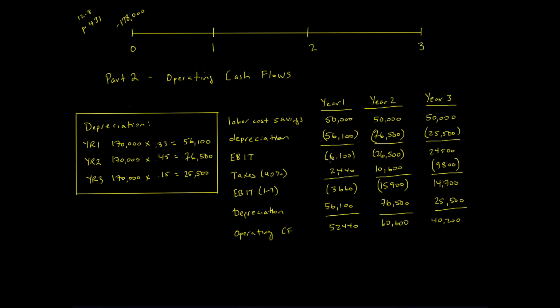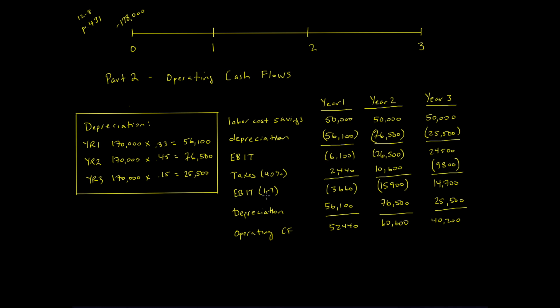So my tax savings from this negative $6,100 is $2,440. Since this represents a tax savings, I enter it as a positive number. The same for year 2. 40% of this $26,500 loss is $10,600. And in year 3, where we have a positive EBIT, you'll notice that the taxes are negative, $9,800.